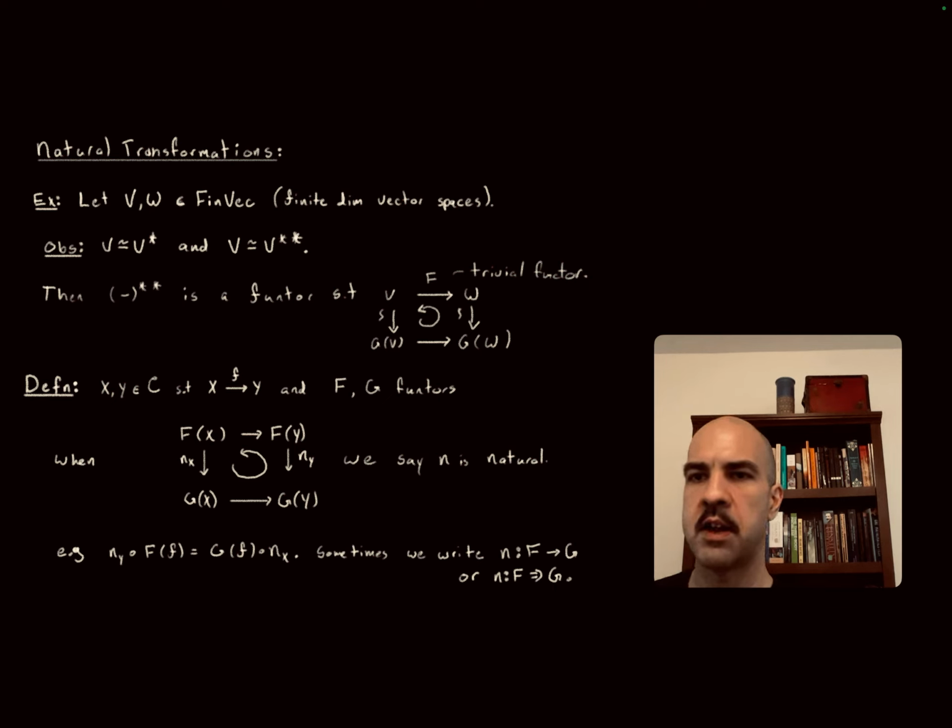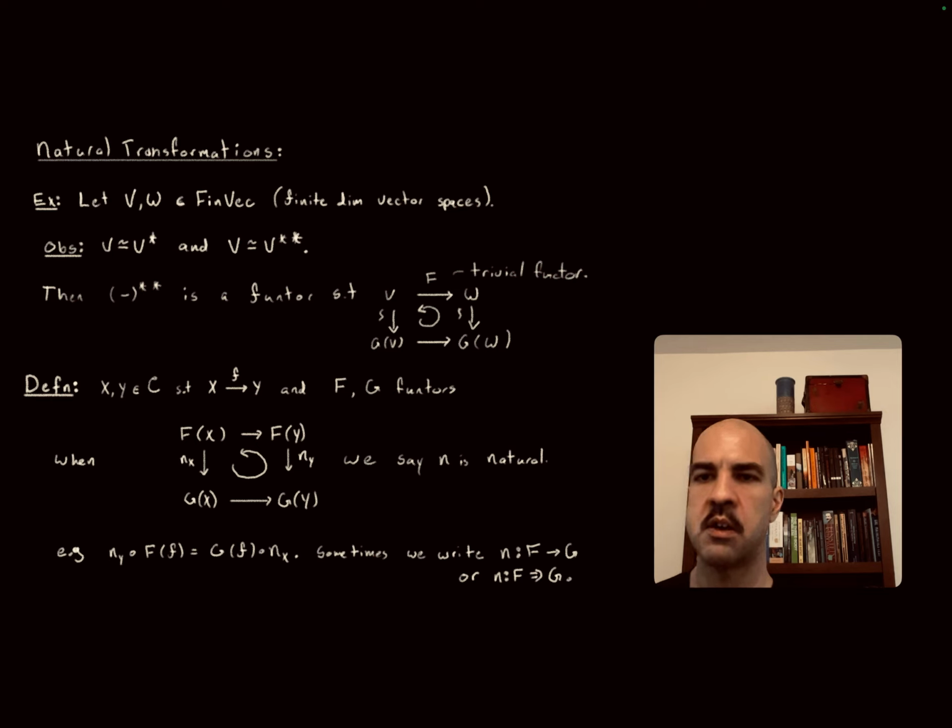So when we define a natural transformation, we just look at two functors. And we'll say that there's some natural map that takes the application of one functor to the application of the other functor. And when this whole diagram commutes, which means that n_Y composed with F applied to f equals G applied to f composed with n_X.